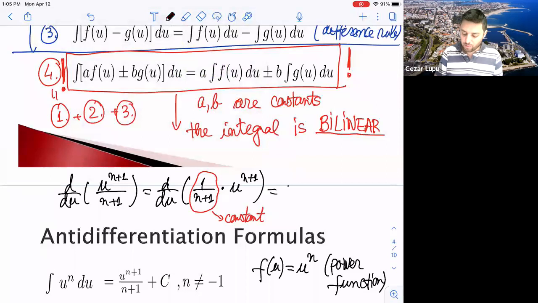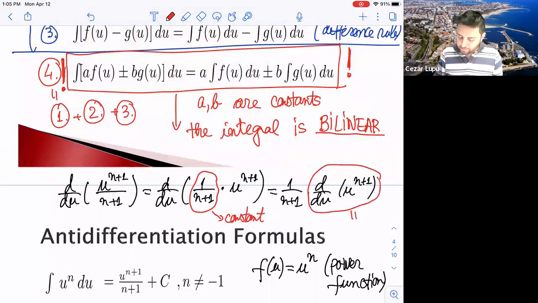This would be 1 over n plus 1 times d over du of u to the power n plus 1. The derivative of this guy, as we know from the derivative rules, is n plus 1 times u to the power n plus 1 minus 1, which is u to the power n. Voila, we cancel n plus 1 there, and you get exactly u to the power n.